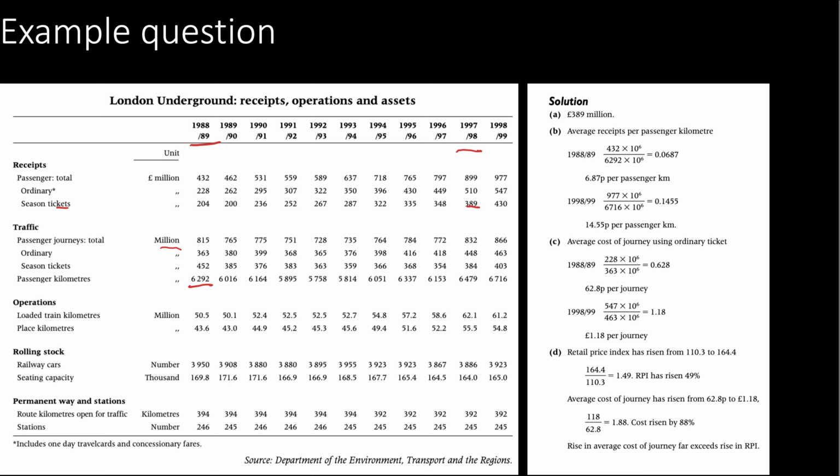Once we found the total passenger kilometers, we can find the average receipt cost, which would be the seasonal tickets. Sorry, not seasonal tickets. Yeah, passenger total. Sorry, my bad. Which is 432 million again. Dividing 432 million by 6,292 million will give us our solution, which is 0.1455, which is 14.55p.